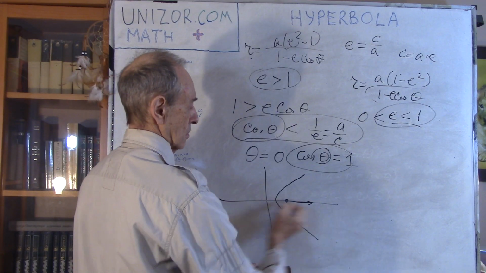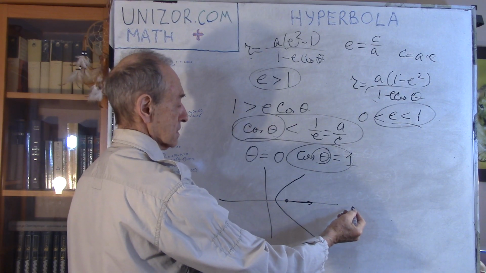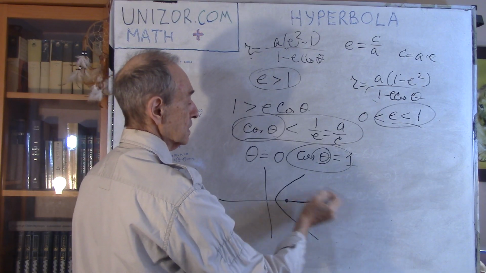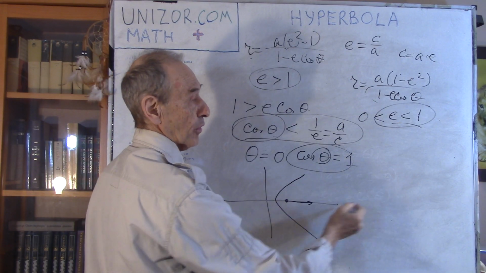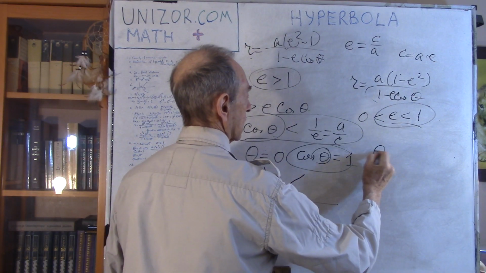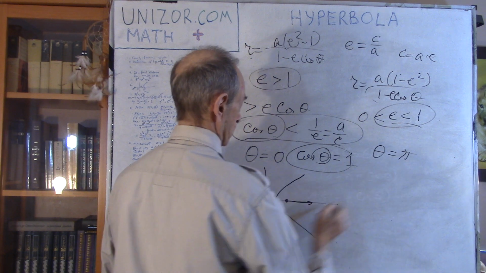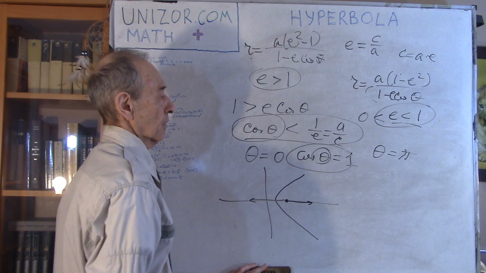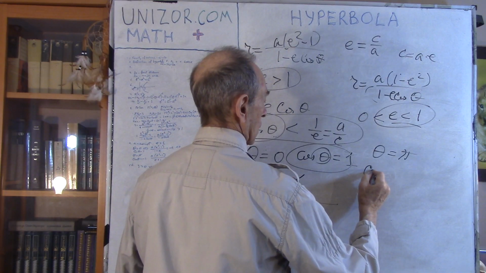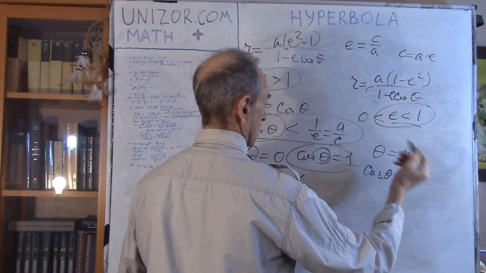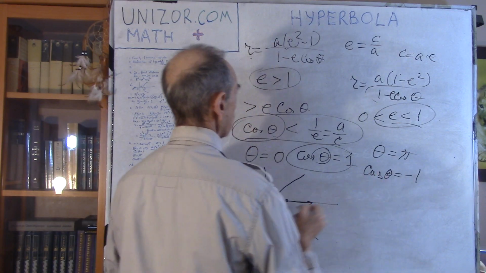This is the major base polar axis, and angle is equal to 0. So we don't meet any hyperbola point along this line. However, if you do theta equal to pi, which is that direction, cosine of theta is equal to cosine of pi, which is minus 1.